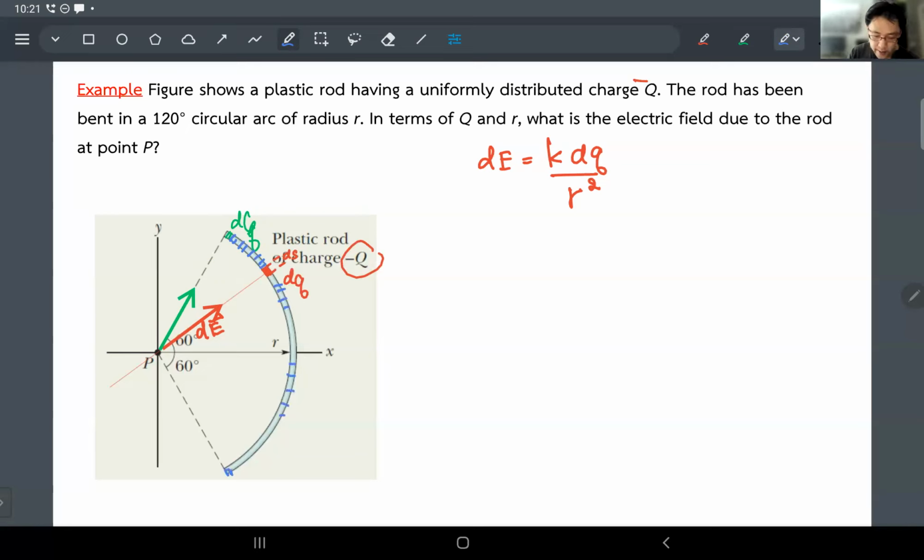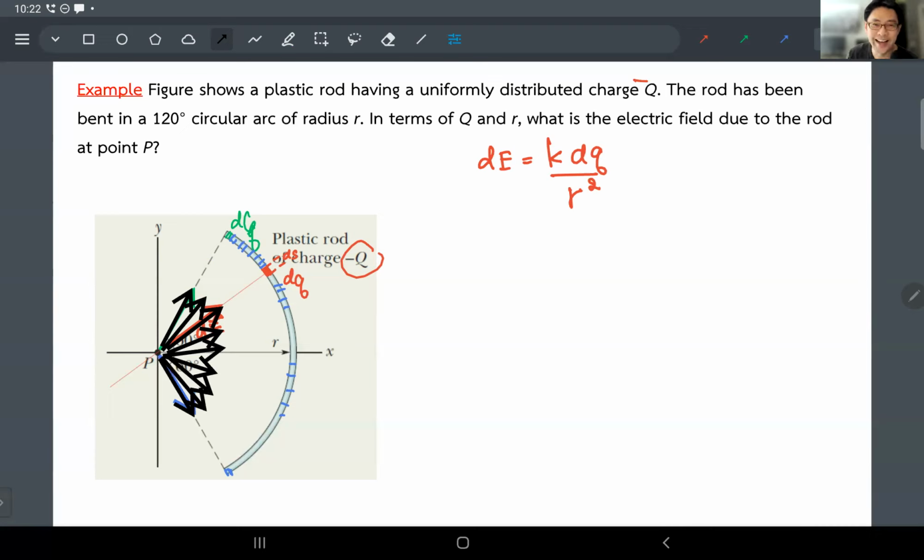At the bottom, of course, you also have the dE coming to it, like that. You guys with me? So if you think smoothly from the top end of the rod to the bottom end, all those dq will generate dE, dE, dE, and so on.